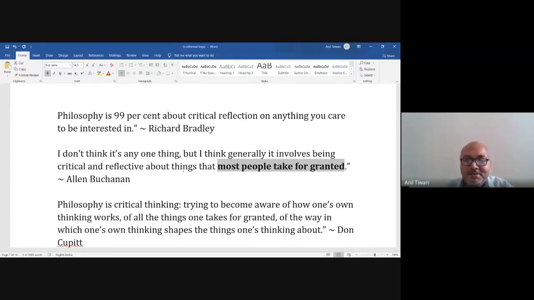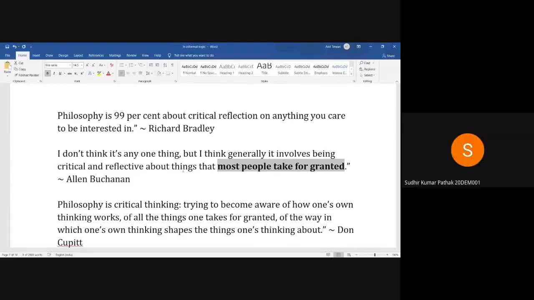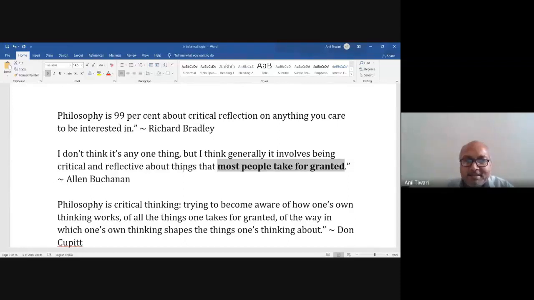And how did they do that? By having a very critical and reflective approach. Only then you can take up things which are usual for others, because that doesn't generate curiosity in ordinary minds. But then you take a simple thing, right?